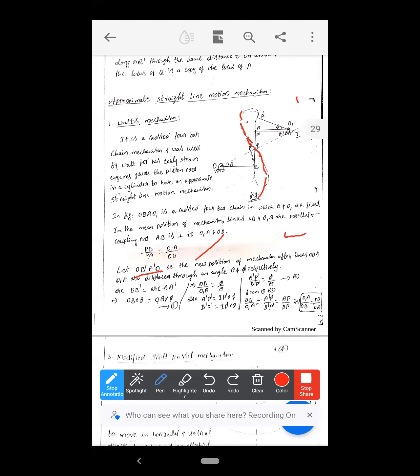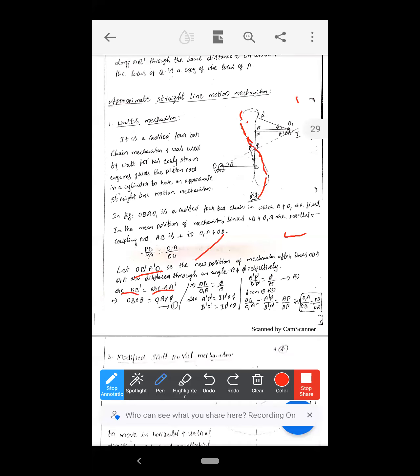Now, when the link OB makes some oscillations, to achieve the new positions of all the other links, we have to find their new positions. What is the value of arc BB dash? Arc BB dash equals arc AA dash, isn't it? Why? Because the momentum in link OB and O1A is similar, so they get the same value.